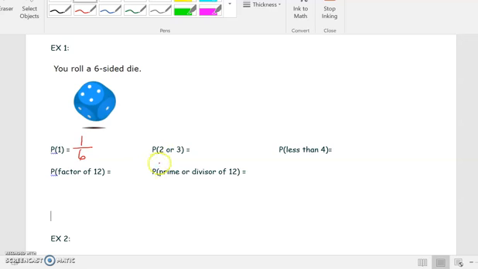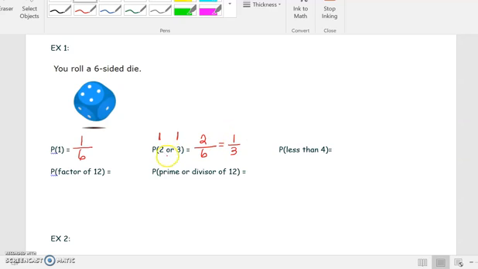The probability of rolling a 2 or a 3, well, there's only one way I can roll a 2, and there's one way I can roll a 3. So total, there are 2 ways I could roll a 2 or a 3. And possible outcomes, there are still 6 possible outcomes. So 2/6 reduces to 1/3.